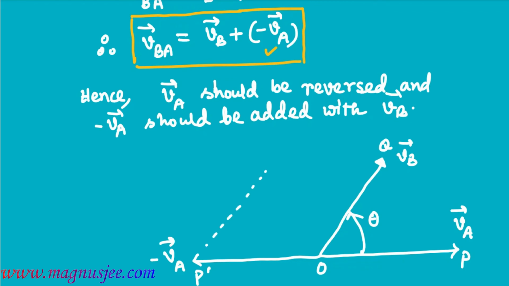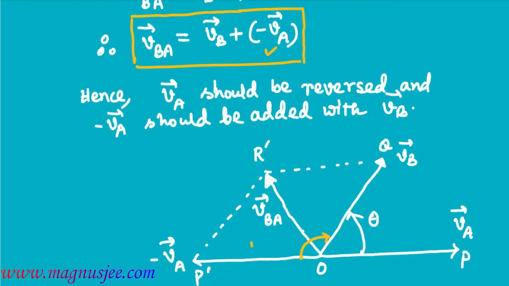For that we can draw a parallelogram, and according to the parallelogram law of vector addition, along this diagonal OR prime, vector VBA is acting. That means the body B will appear to move along the direction OR prime.